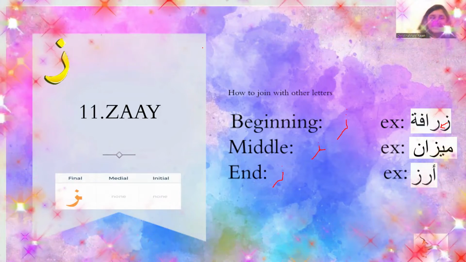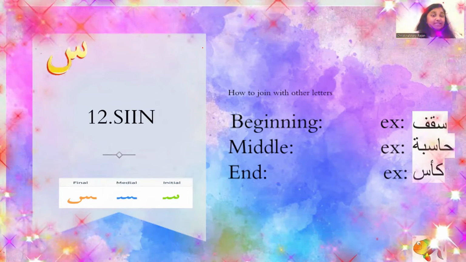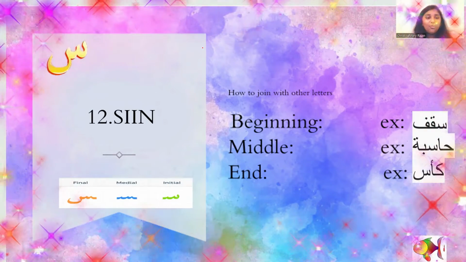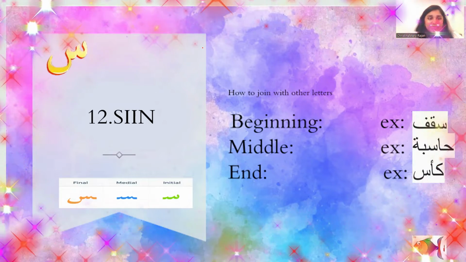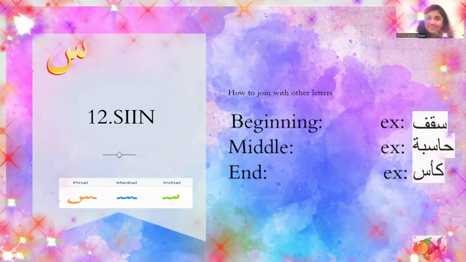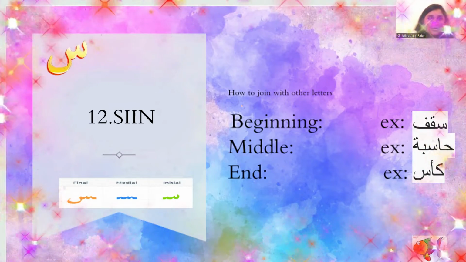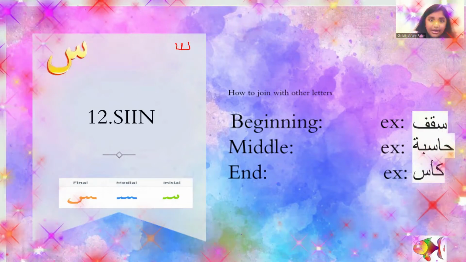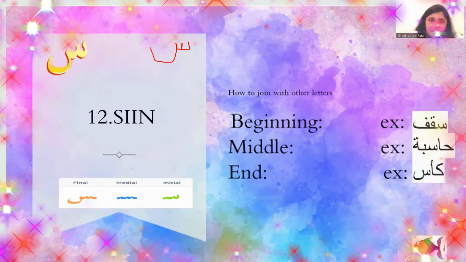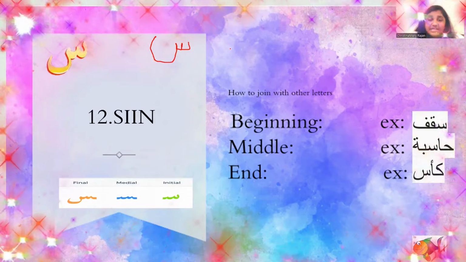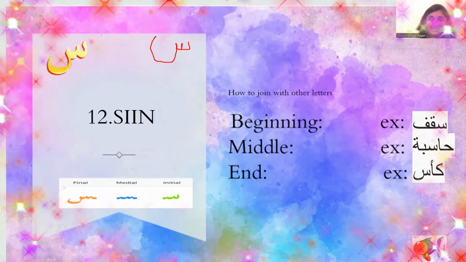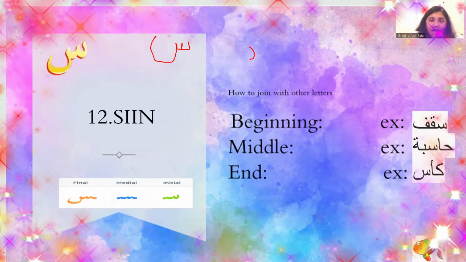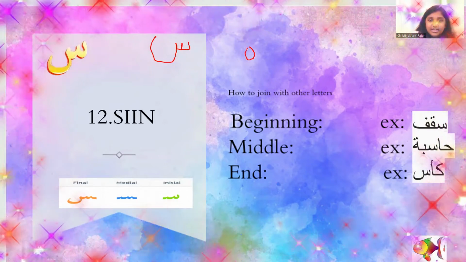Hope you got it. Now, next we have Seen. Wow, this looks so amazing. I love this letter, you know. So, it's like 1, 2, and then a big curve. The easy way to learn this is make one half balloon that's not cut.